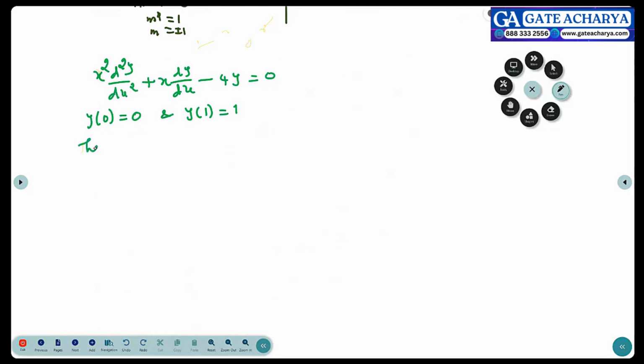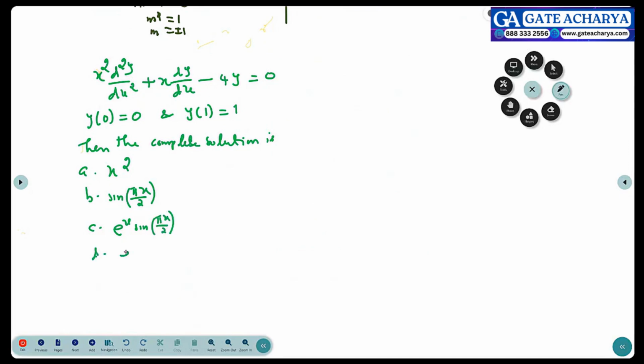Then the complete solution is: option A x square, option B sin pi x by 2, C e power x sin pi x by 2, D e power minus x sin pi x by 2.